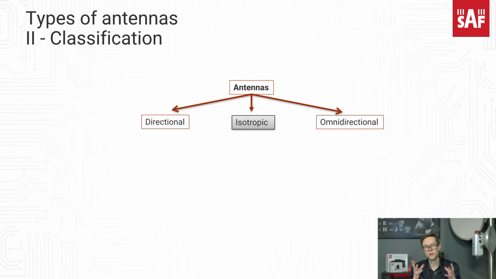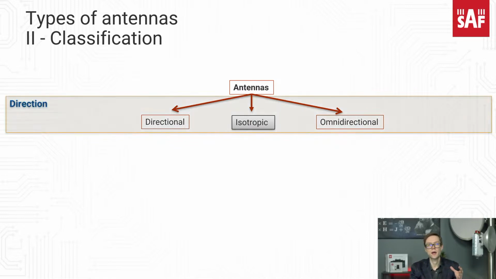So the real world antennas can be divided into directional and omnidirectional. And this is how we classify them by the direction.